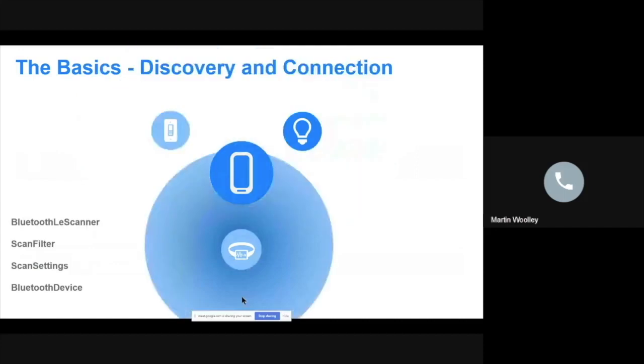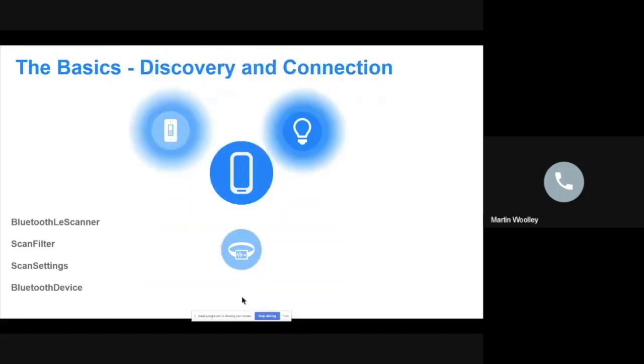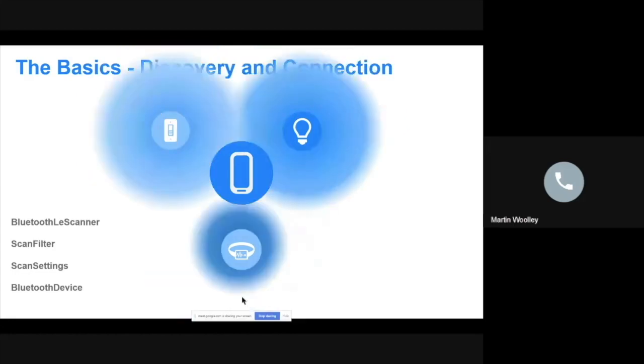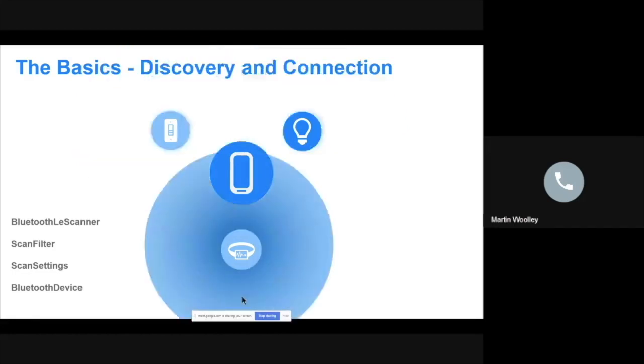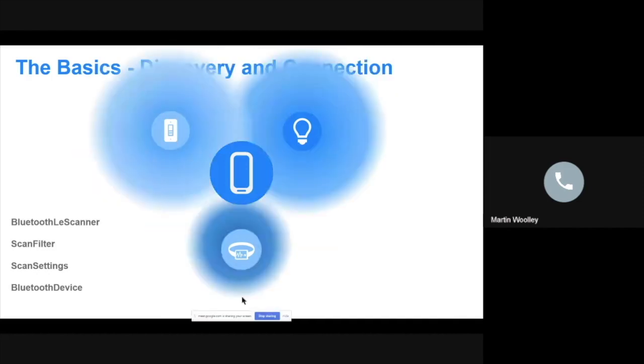Now, if you've ever developed a Bluetooth application before for Android or any other smartphone, you'll know that typically the standard flow of your application involves initially a discovery phase where you need to discover devices that are in the environment and try and pick out those ones that seem relevant to your application. That's called device discovery.